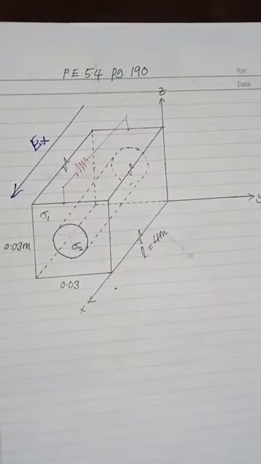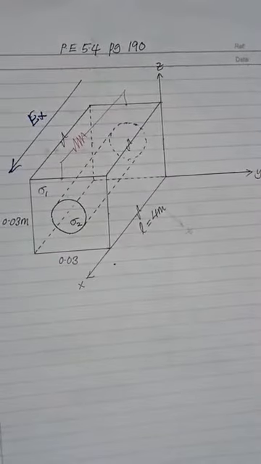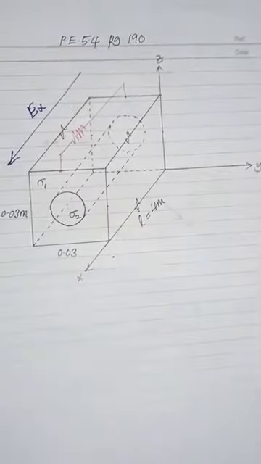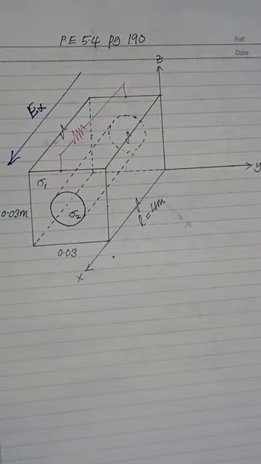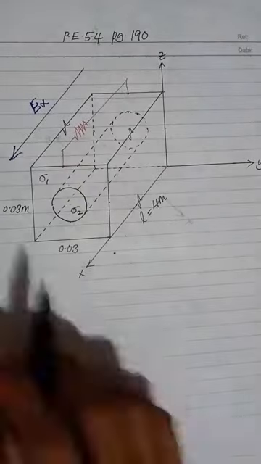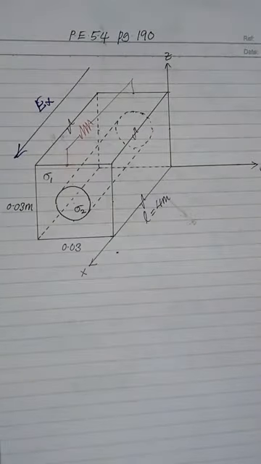If you want to find the total R, the total resistance due to this defined structure, we know that in this bar we have two materials, and each material will have its own resistance. So we need to find them one by one, and then combine the R values of these two. Since we are given the E field in that direction, we can have the R equation as shown here.